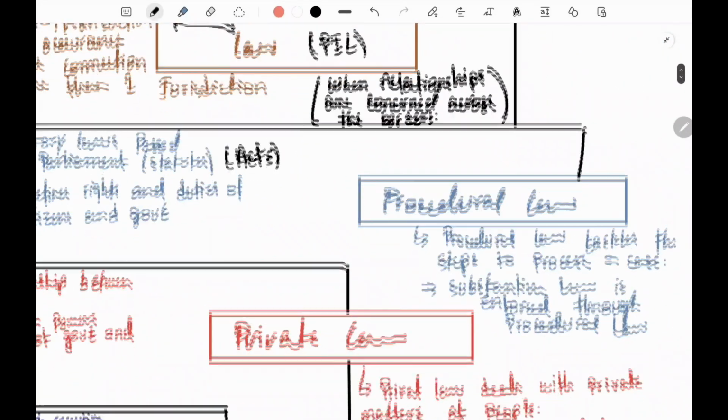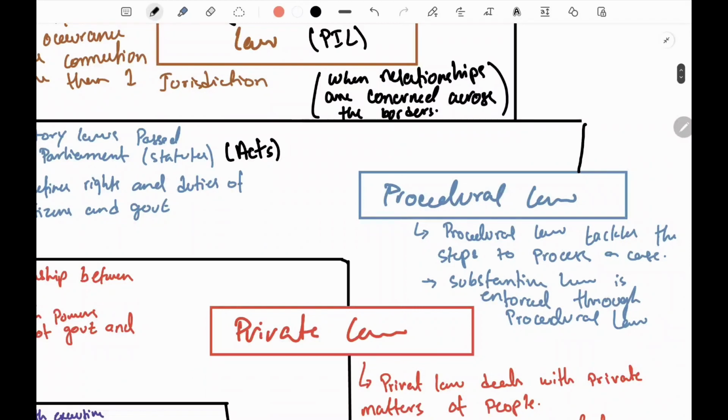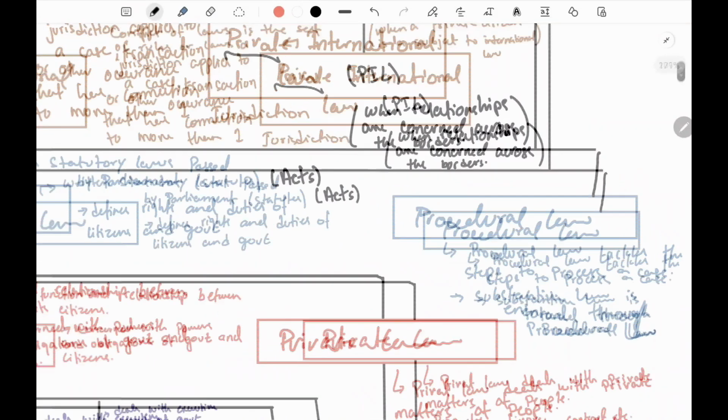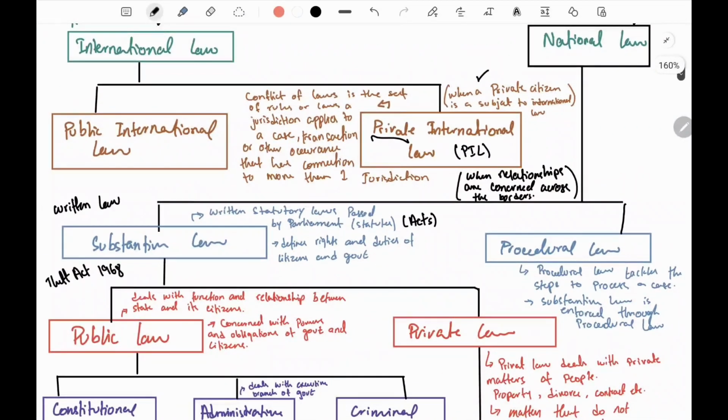Right, next we have procedural law. Procedural law tackles the steps to process a case, and substantive law is enforced through procedural law. So procedural law is basically the mechanism or the steps to process a case. In other words, the rights and the duties provided by the substantive law are enforced through procedural law. So let's say a person commits theft or does a crime.